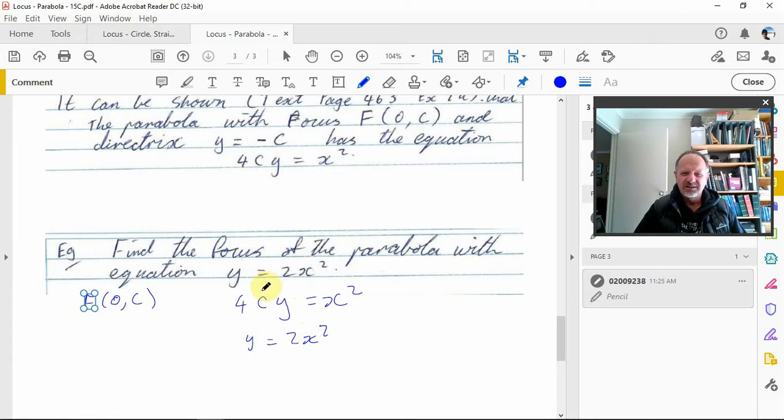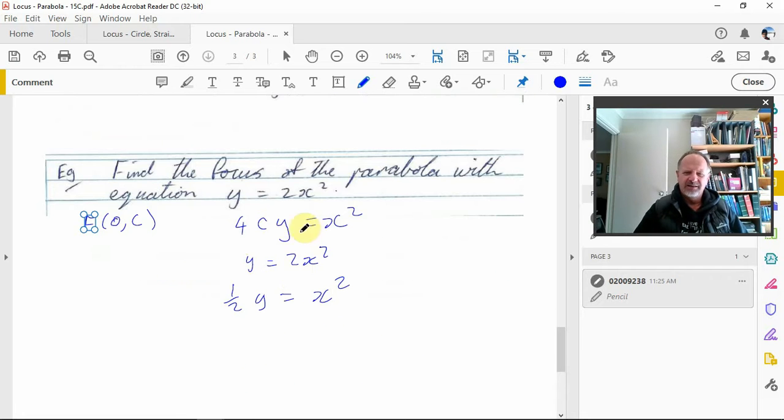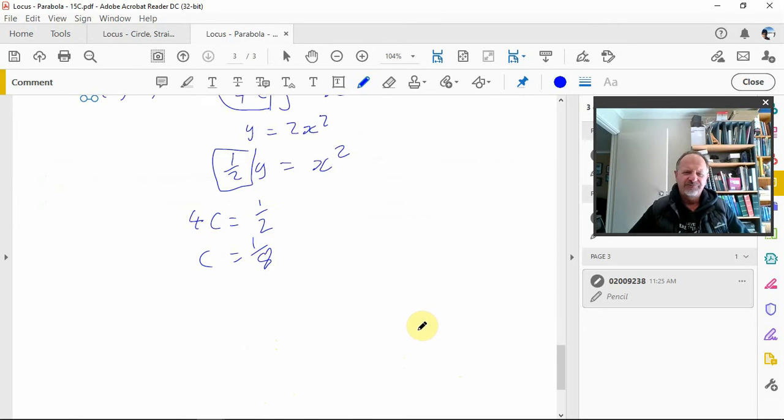According to this pattern, we need the x squared by itself, so I need to divide by 2 or times by a half. So half y equals x squared. Now I'm going to compare: in front of the y I've got 4c, and here I've got a half. So those two coefficients must be the same, so c would be 1/8. And so our focus of this particular parabola would be at (0, 1/8).